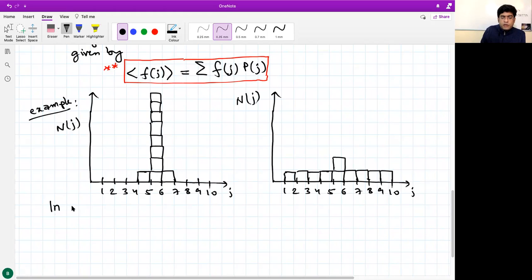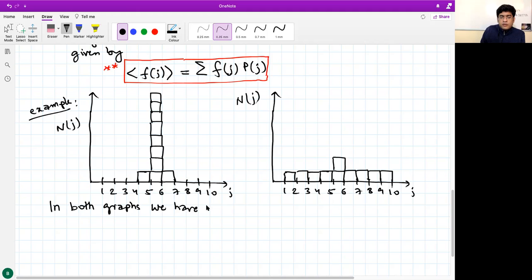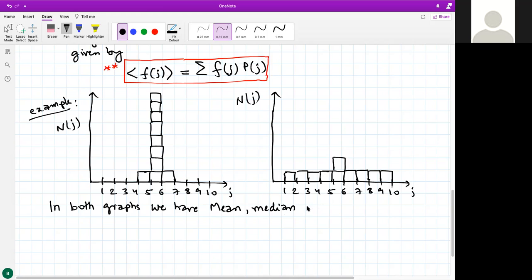So in both graphs we have the same mean and median. And what about the most probable value? Is it the same or not? Sir, it is the same.